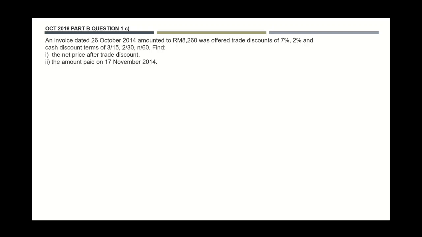The question asks you the net price after the trade discount and then finally the amount paid on the 17th of November 2014. You can see that this is similar to the previous one that we have just discussed.